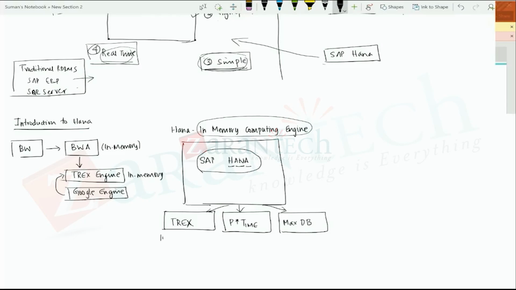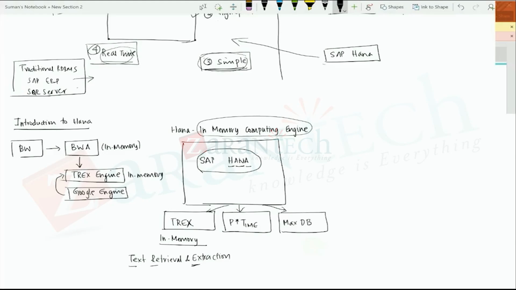So the in-memory computing capabilities, all functionalities, were borrowed from this technology called TREX. What does TREX stand for? Text Retrieval and Extraction. That is what is called the TREX engine.